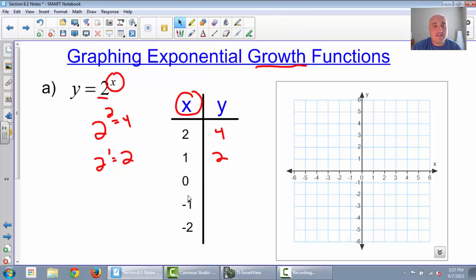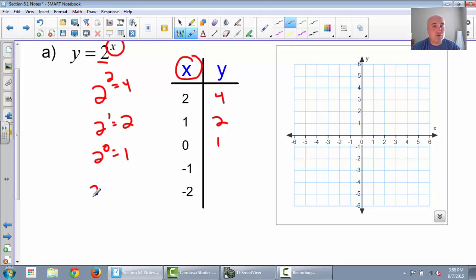All right, our next number that we're going to plug in is 0. So let's plug in 0. 2 to the 0 power. Anything raised to 0 is always equal to 1. So at 0, y is 1. Negative 1 now, negative 1. So 2 to the negative first. Okay, hopefully you learned this in Algebra 2a. I'm assuming you did. Anytime you have negative exponents, you drop that to the bottom of a fraction and you make it positive.